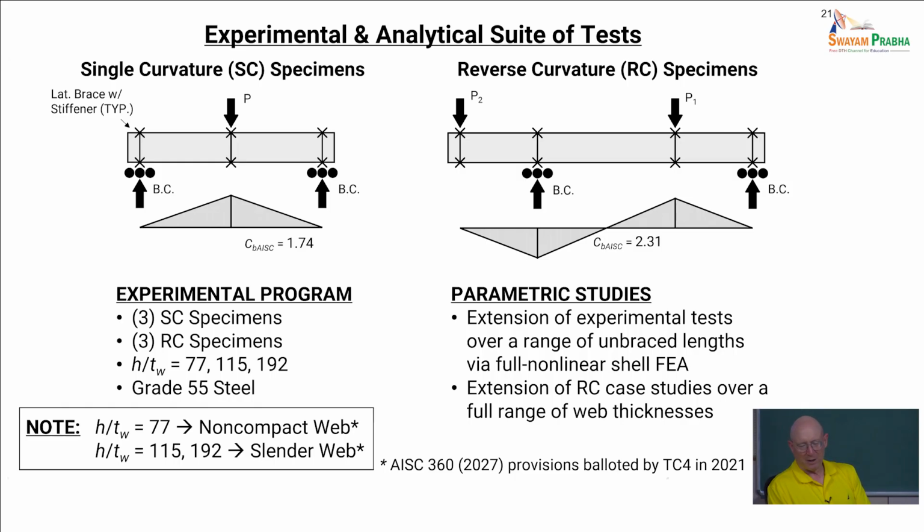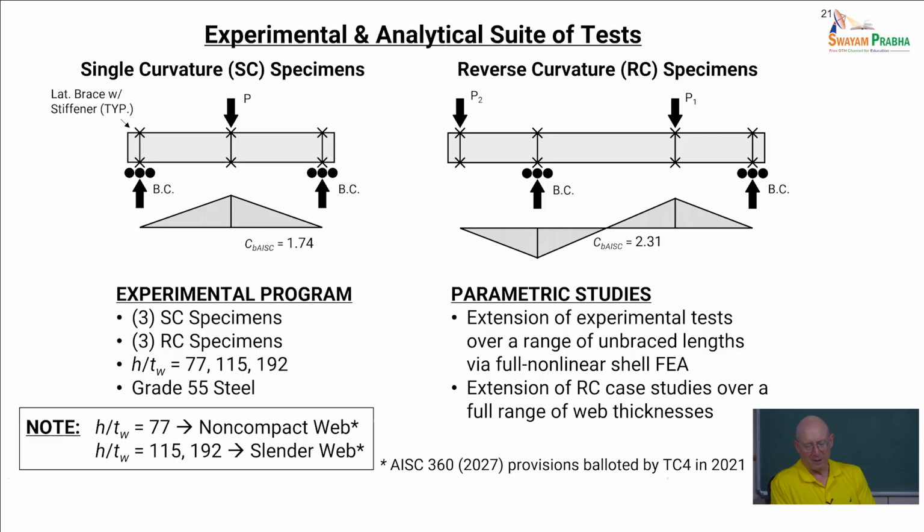And so the stockier web had an H over TW of 77, so that would classify it as being close to compact, but very slightly non-compact using the provisions that are moving forward.